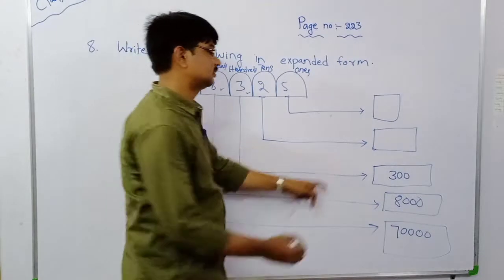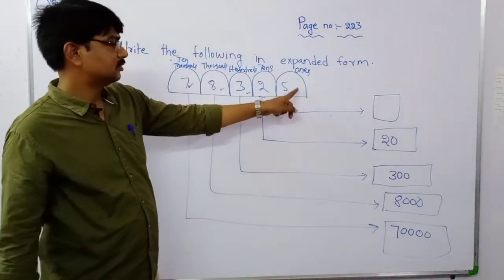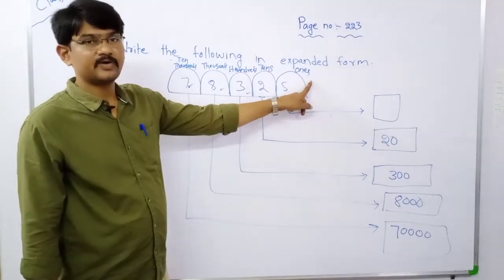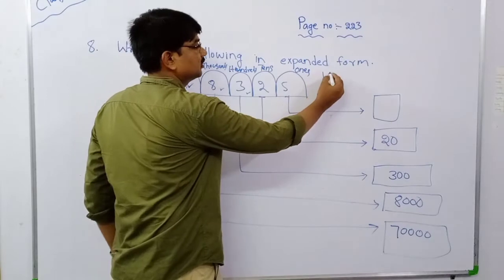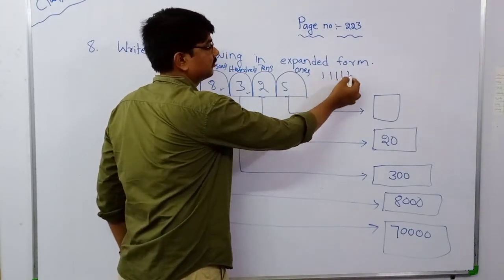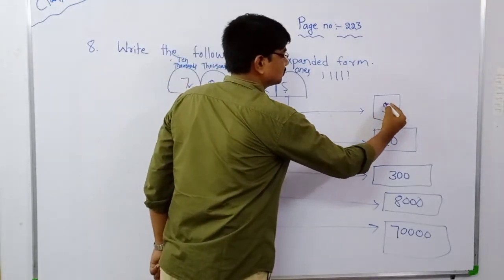Finally, 5 is at the ones place. 5 ones is equal to just 5.